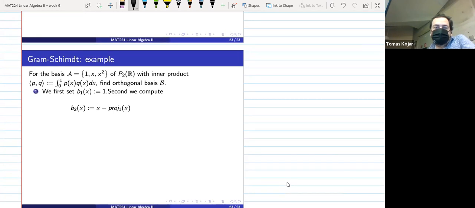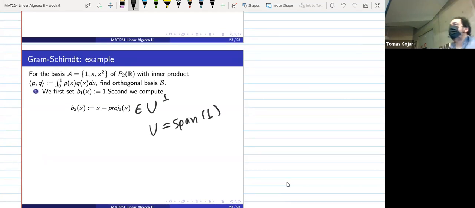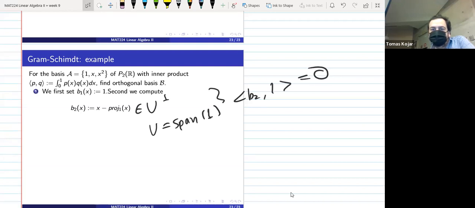So again, this is in U perp, where U is the span of 1. Okay. So that means that the inner product of B2 and 1 is indeed 0. This is what you want.